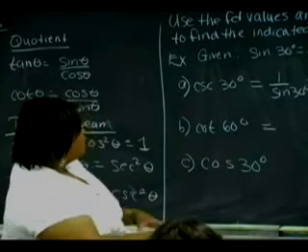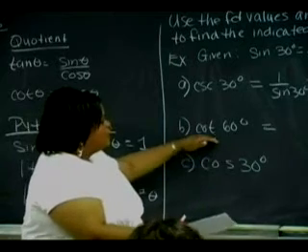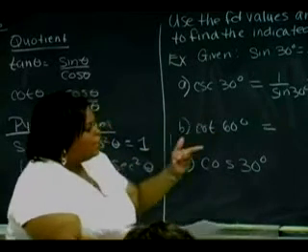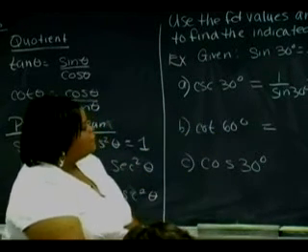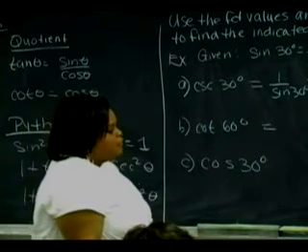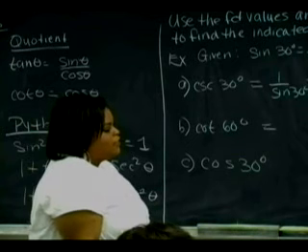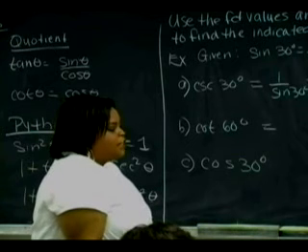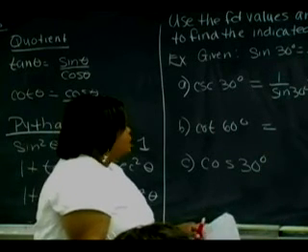So, what do I know about this cotangent and tangent? I know that tangent of 90 degrees minus theta is cotangent theta. I know that cotangent of 90 degrees minus theta equals tangent theta.